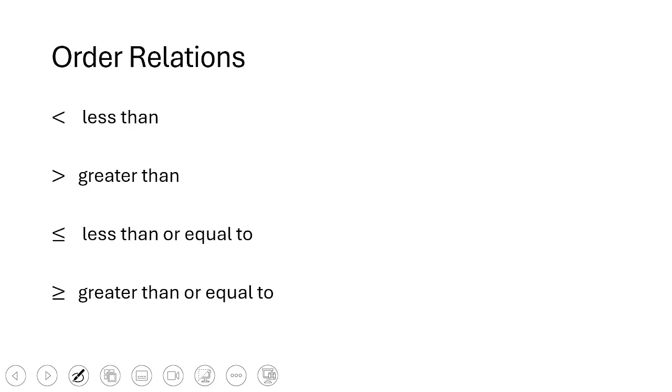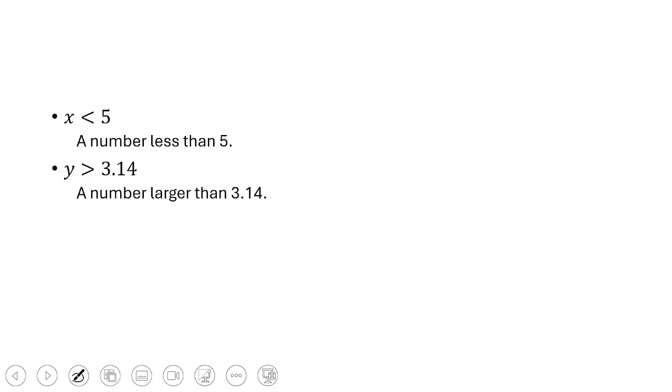Now let's go into order relations. Familiarize yourself or reacquaint yourself with the inequalities. So we have less than and greater than, or in math we say strictly less than and strictly greater than, and then we would have the less than or equal to and the greater than or equal to.